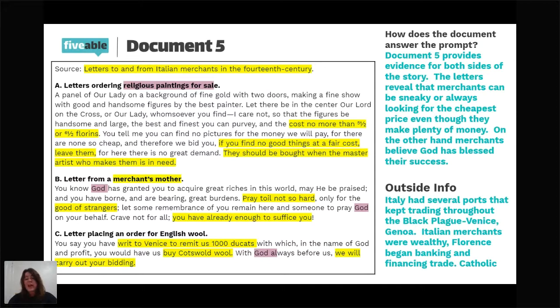They're most likely Catholic, although this would be after the Protestant Reformation, so you could maybe add that in. But in the outside info, you only have to do it once, do it well, something you can write a couple sentences about, and you'll be okay.